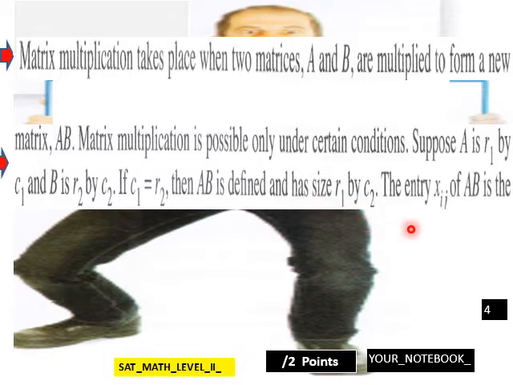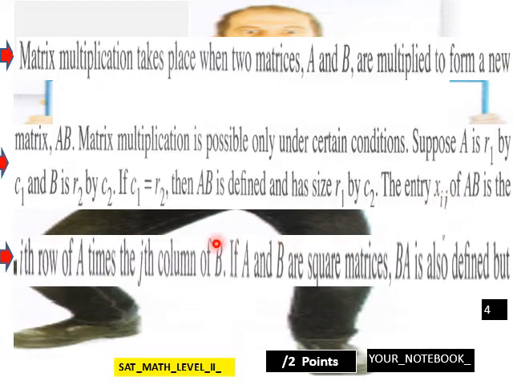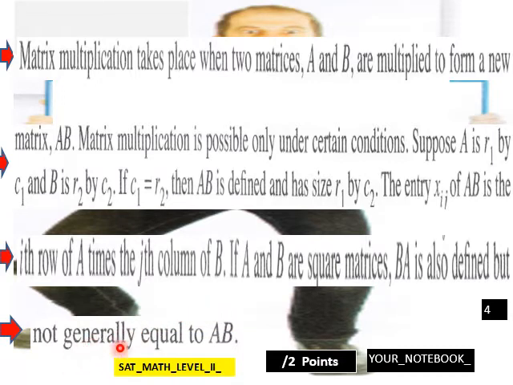The entry Xij of AB is the ith row of A times the jth column of B. If A and B are square matrices, BA is also defined but not generally equal to AB.